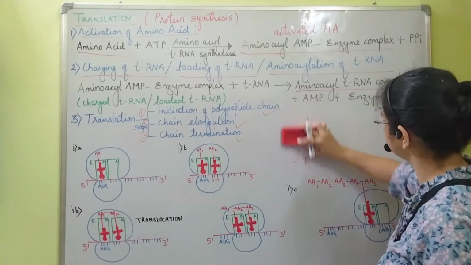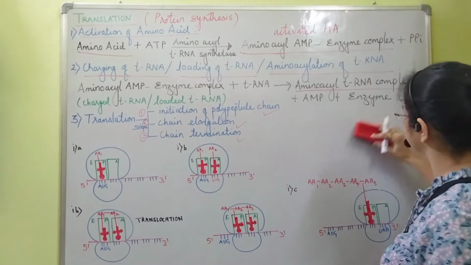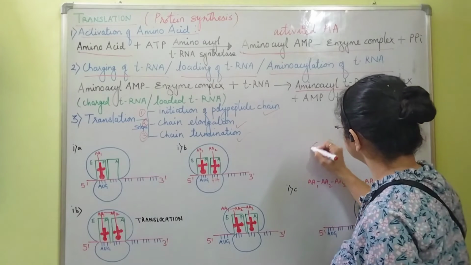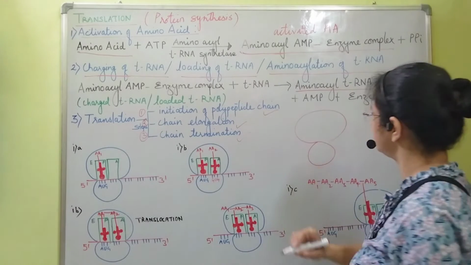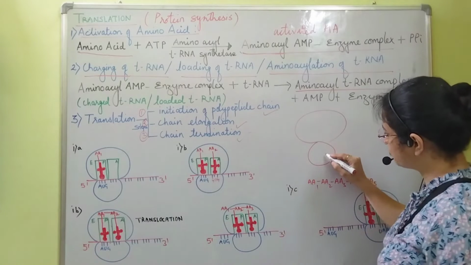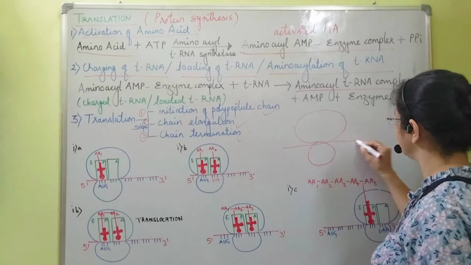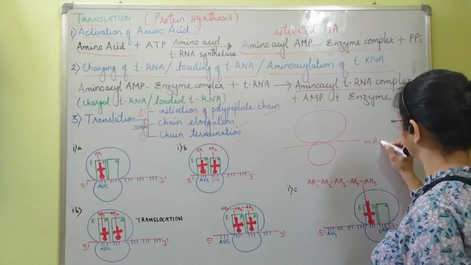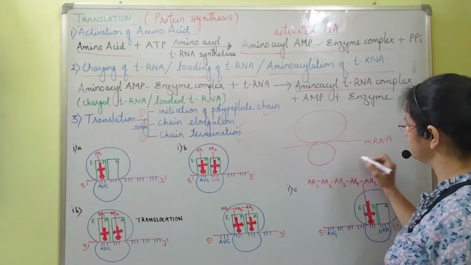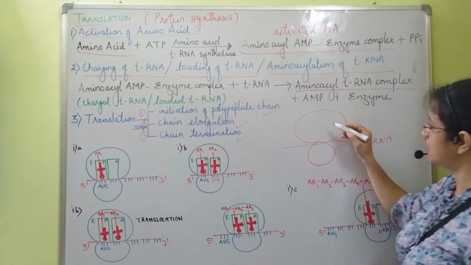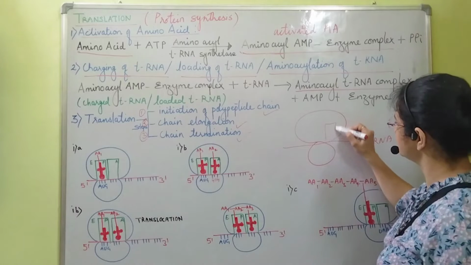So here these 2 subunits will get united. This is the smaller subunit and this is the larger subunit. The smaller subunit has the mRNA binding site. This is mRNA. So the smaller subunit has the mRNA binding site, while the larger subunit has 3 sites.